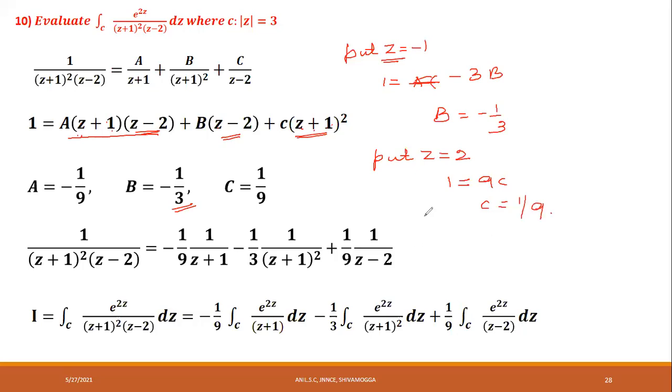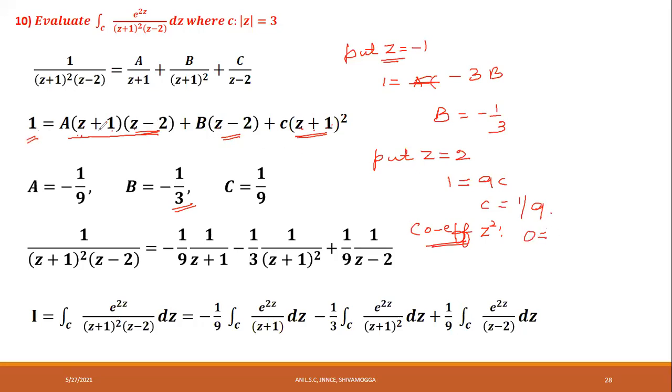Now A is to be determined. How do you find A? To find A, compare the coefficients of z square. What is the z square coefficient on the left hand side? There is no z square, therefore 0.